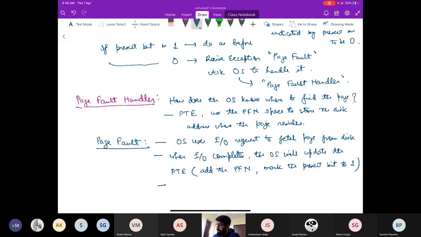And then after this, it will result, why this had happened? Because there was a TLB miss. So this may result in a TLB miss again. So then retry the instruction.